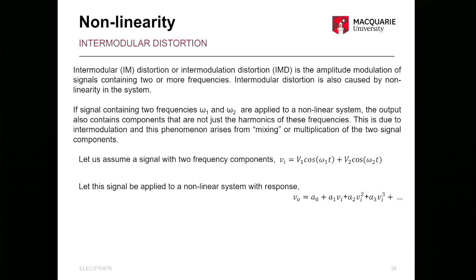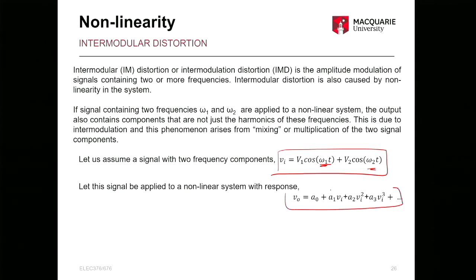If you've done the problems for the harmonics, you can do the problems for this one. It just gets a bit more complex because now we have two frequencies to deal with. Here the input contains two frequencies and two amplitudes: V1 cos omega 1t plus V2 cos omega 2t.